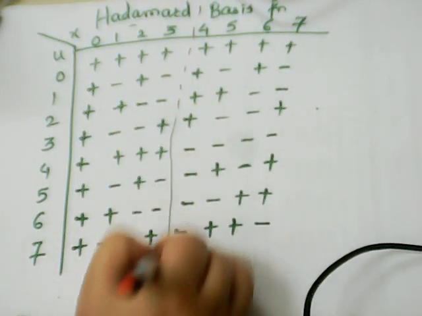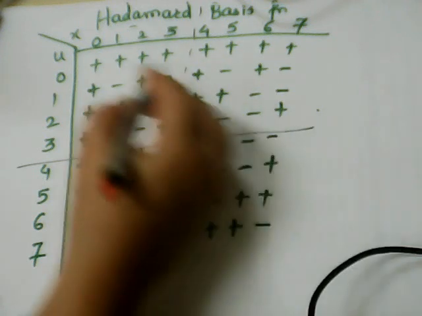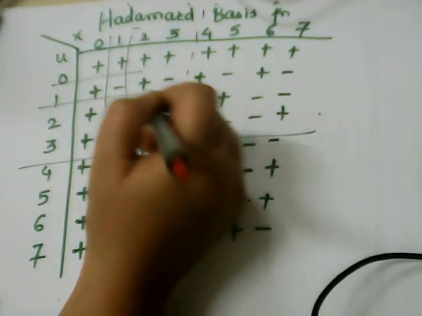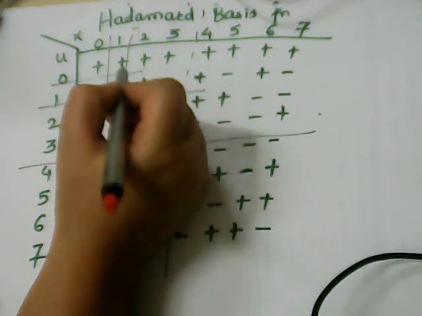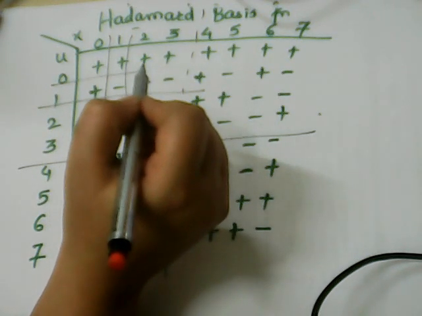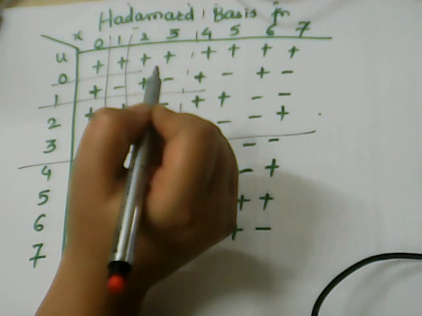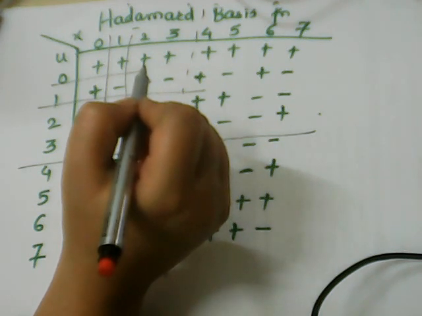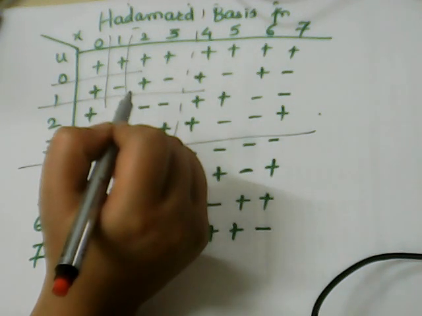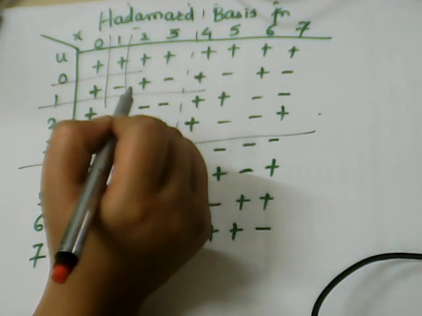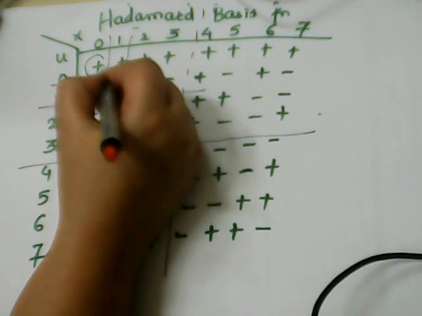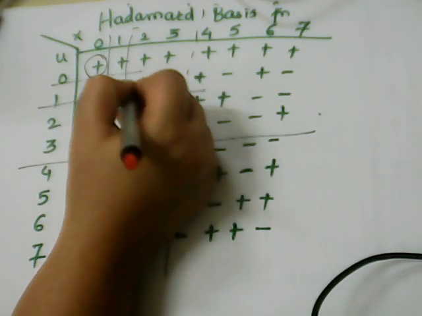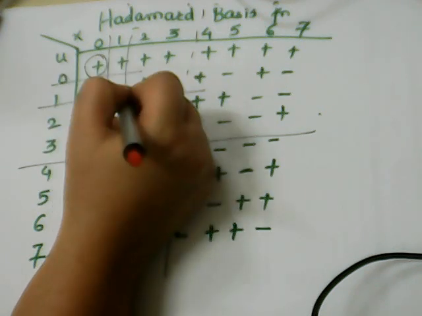When you divide it into 4 quadrants, again divide, you can further divide. Observe what is happening here. This only you have to remember. This is plus, the second is same, the third is same, only in the fourth quadrant it is the opposite.